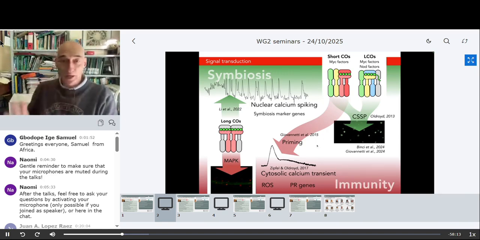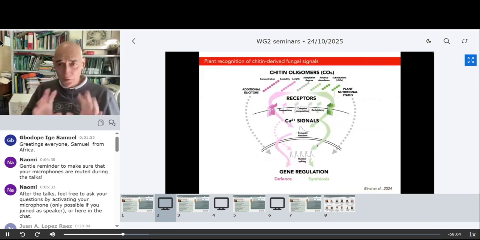But again, we are starting from a nice and clear division and ending up with a mixed picture, which I try to schematize here, where we have at the top the different types of molecules that vary in length, first of all, which is a major difference, which is related to their solubility in water.